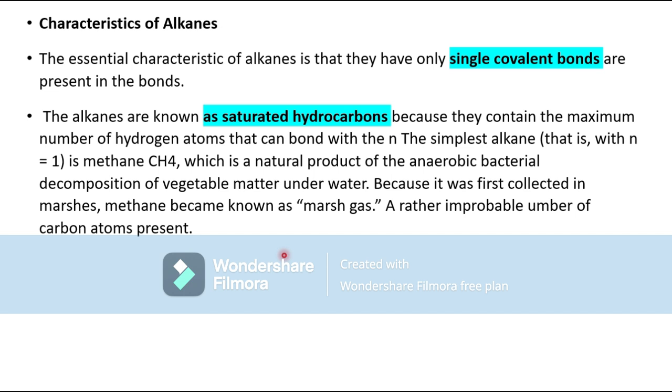As the molecular mass increases, with more carbon added from pentane downward, we have liquids, and from 10 carbon we have solids. So the first 4 members of alkanes are gases at room temperature.